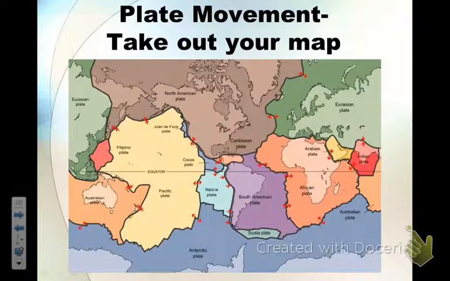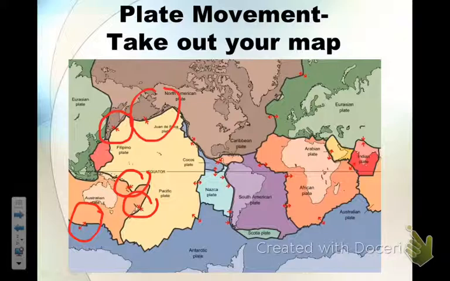Between the North American and the Pacific plate, they come together on both sides. The Australian plate, they come together. The Australian plate and the Antarctic on the bottom left is going to go away.